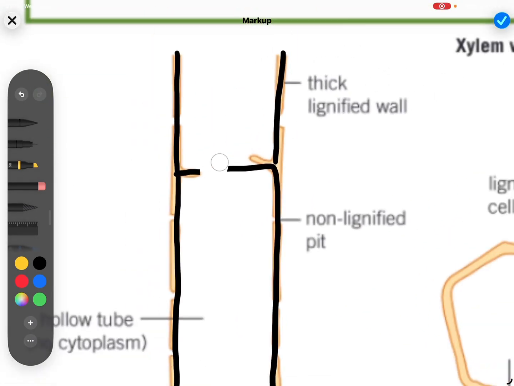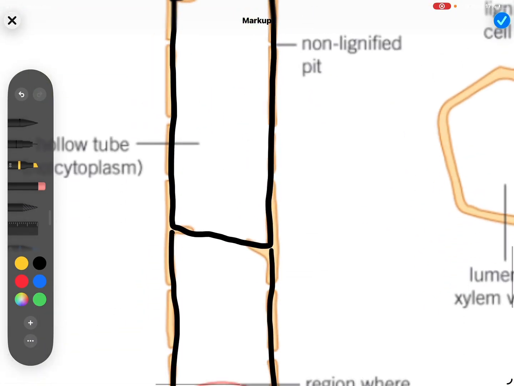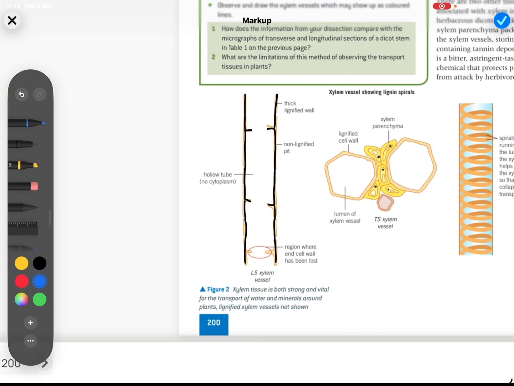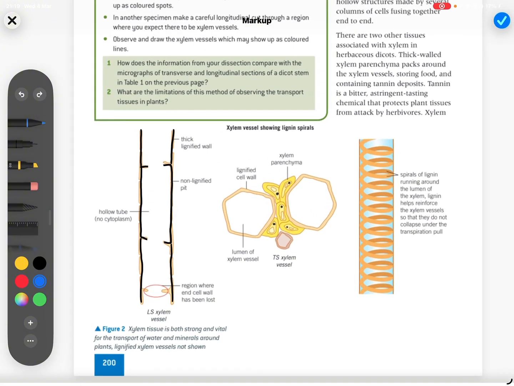They fuse and they open these gaps. This allows the water to just go through, because obviously, there's a wall here and the water can't get up. So the cells fuse, get rid of the middle bit, and the water goes up. That's all it is.